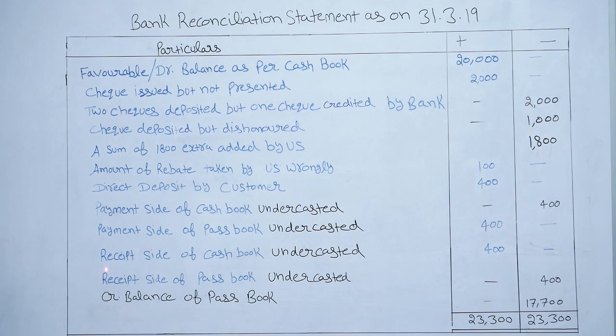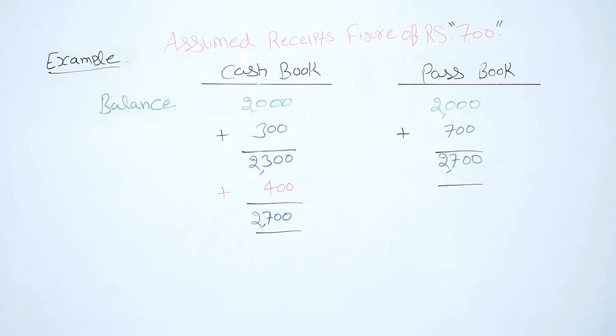Now we will understand receipt side of cash book undercasted by 400 rupees. Cash book balance 2000, passbook balance 2000. Here receipt side of cash book undercasted by 400 rupees. We are talking about receipt. We have assumed receipt figure of rupees 700. Mistake done in the cash book. Instead of 700, we have written 300. It means 400 rupees is less written.